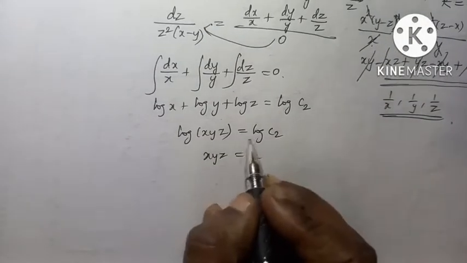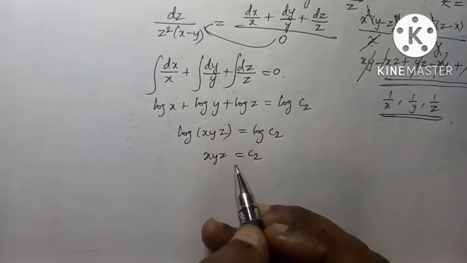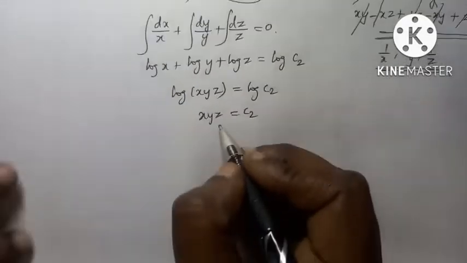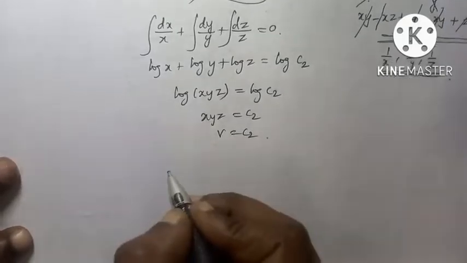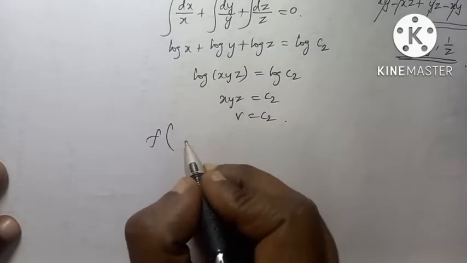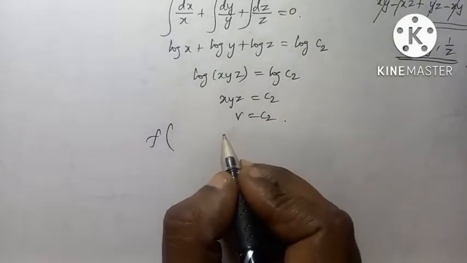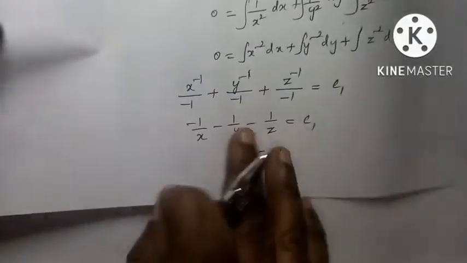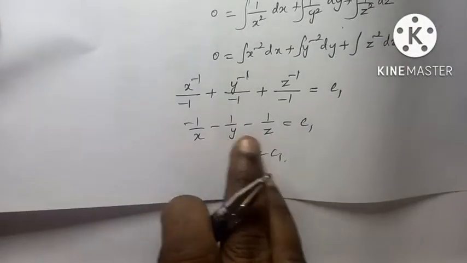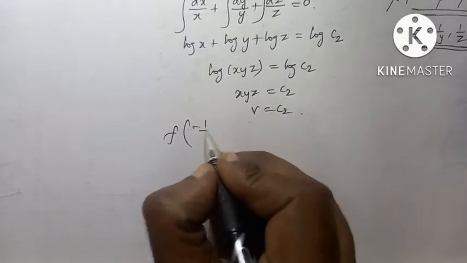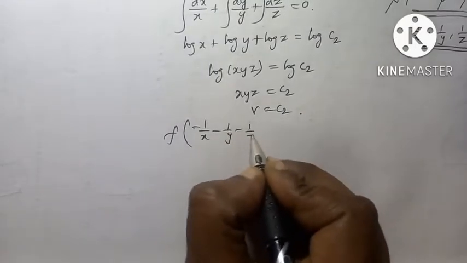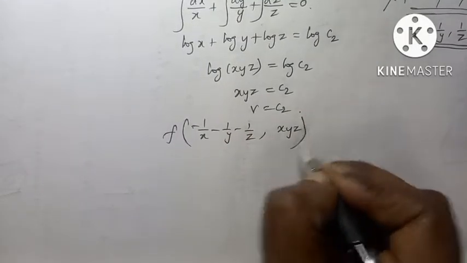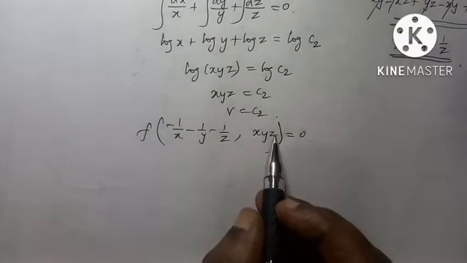Taking base e on both sides, xyz equal to C2, which is V is equal to C2. Okay, hence the general solution is f of u comma v. Already the solution u is minus 1 by x, minus 1 by y, minus 1 by z, and V is xyz equal to C2, which is the answer.